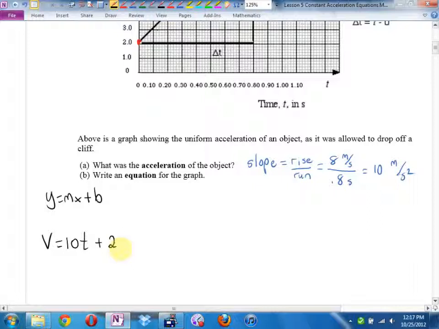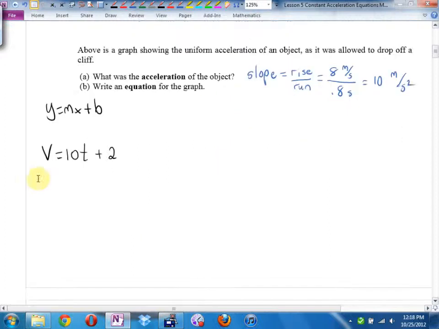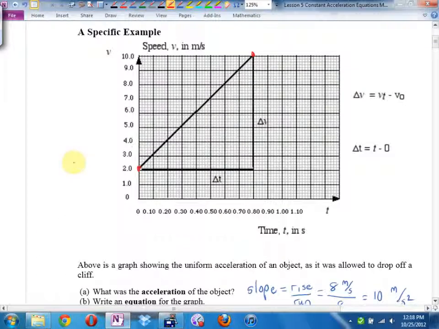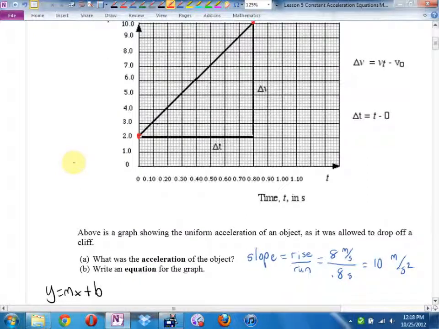What I'm going to do now is see if I can use this specific example to generalize this. I'll show you what I mean. I think I can write this as velocity equals, you told me 10 was the slope, but what did the slope mean on a velocity or speed versus time graph? What was that 10? If your hint is, look at the units. What did it mean?